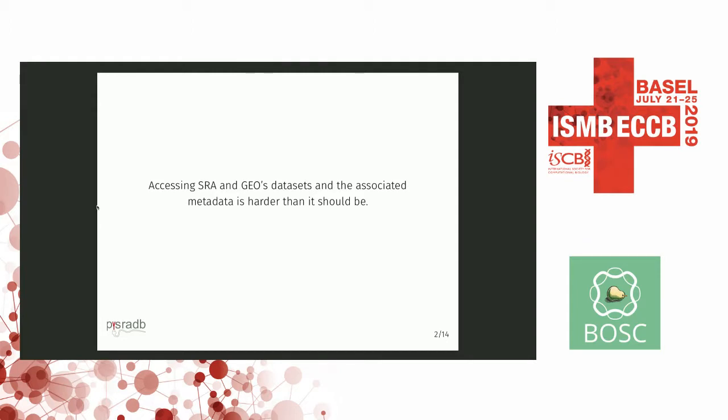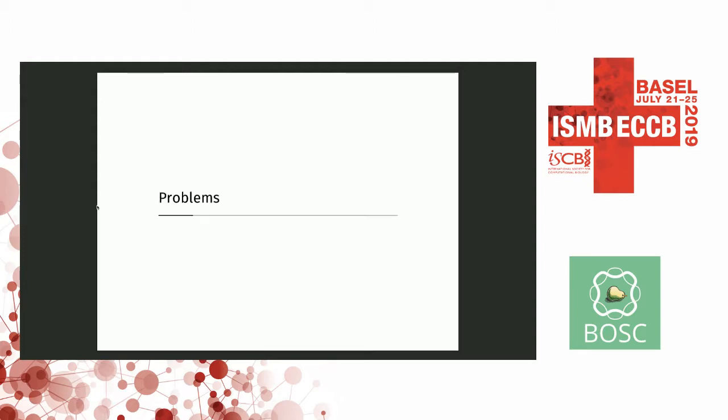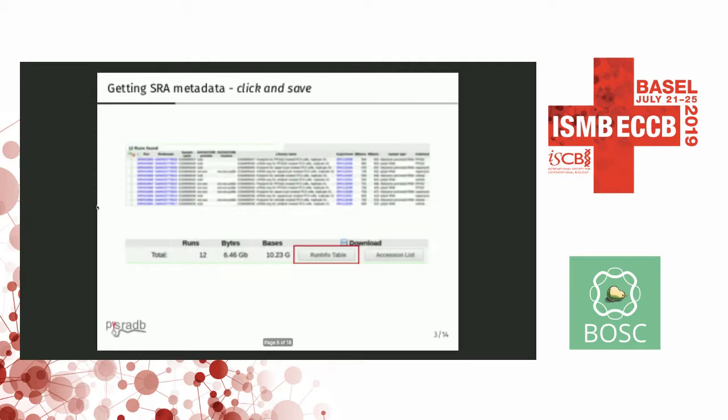Accessing this data and metadata is not as easy as it should be. So while developing a database for a PhD project that I'm working on, I encountered a few key problems that hindered obtaining both data and metadata from these two resources. I'll walk you through what those problems are.